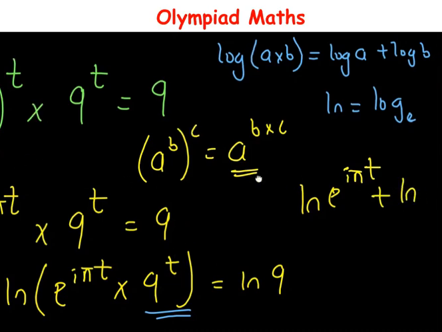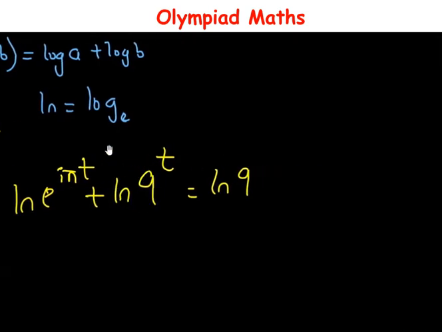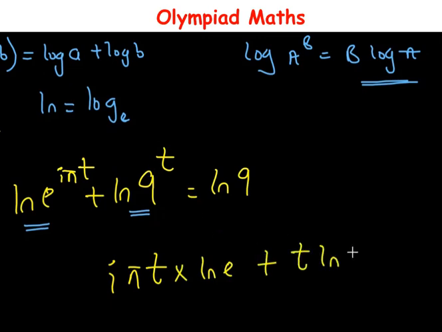Also applying the rule of logarithm, that log of a^b equals b times log a, this then becomes iπt × ln e + t × ln 9 = ln 9.